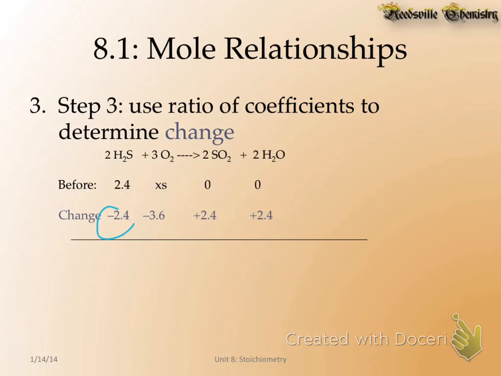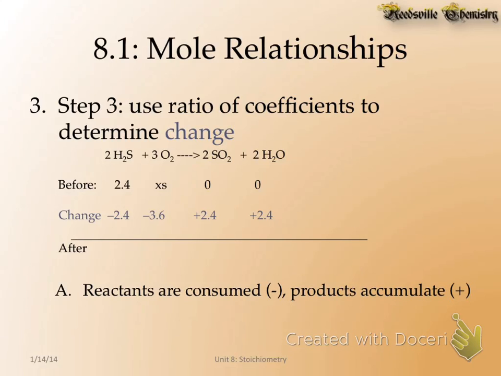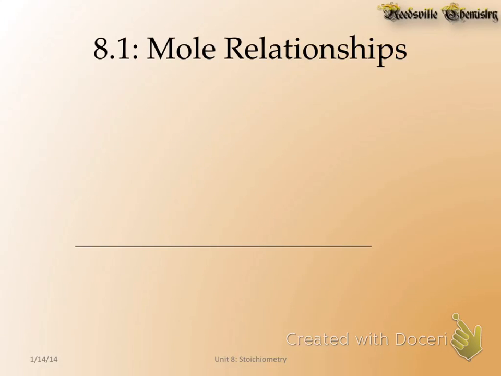So we see here that there's 2.4 moles lost. That equals 2.4 moles gained for each of the products, and that again is because of the coefficient 2. Now if for some reason this coefficient 2 is different, if it's a 3, then this number would not equal that number. But that's not the case for our example here. We'll see that tomorrow. And then we'll get to the after in a second. So reactants are consumed and products accumulate, so that's where the negative and positive signs come from.